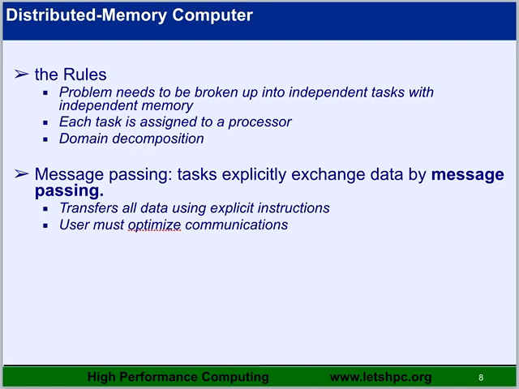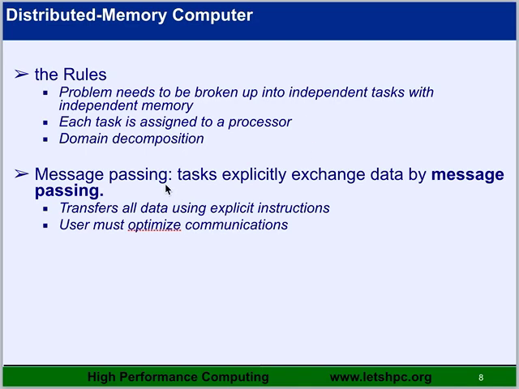We have already looked into the process of domain decomposition, and in this case also we are going to perform domain decomposition. But what is important to note here is that these independent tasks have independent memory. That's the major difference when you compare it to a shared memory system.